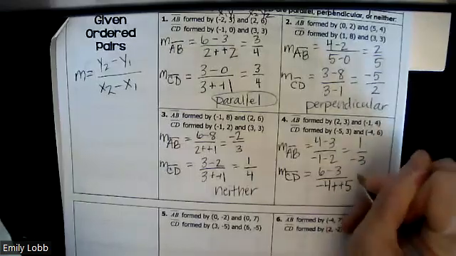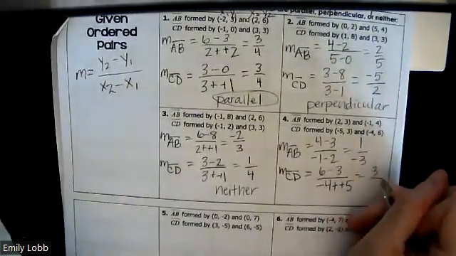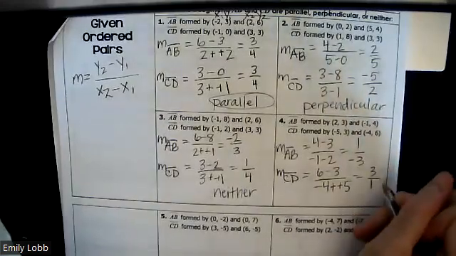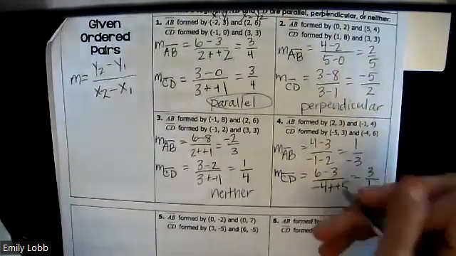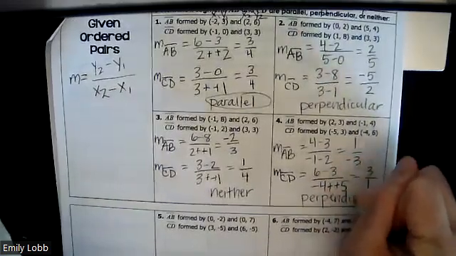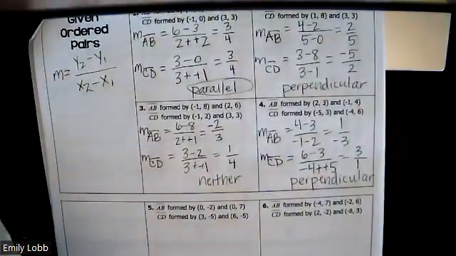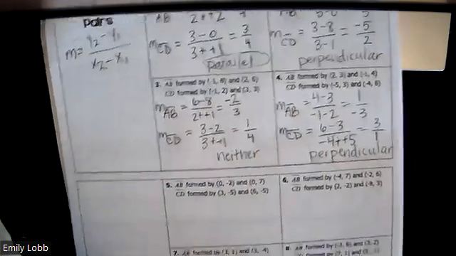So these become 3 over 1, which is +3. So these are reciprocals and the opposite. So we would call this perpendicular. You see how we're just putting what we know together with what we know about parallel and perpendicular lines?